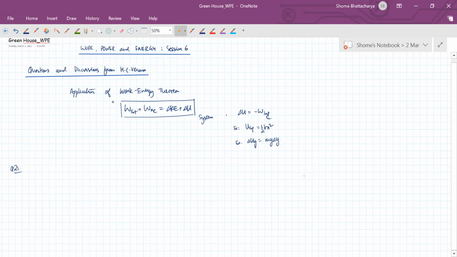What the question is saying is that a projectile is fired from the top of a 40-meter cliff, a 40-meter high cliff, with an initial speed of 50 meters per second but at an unknown angle, and we have to find the speed of the projectile when it hits the ground. So the situation is something like this.